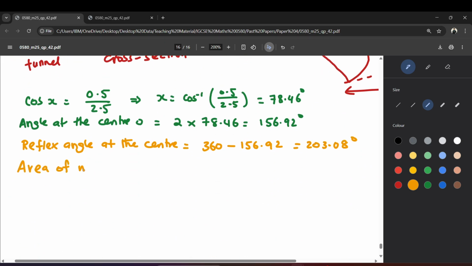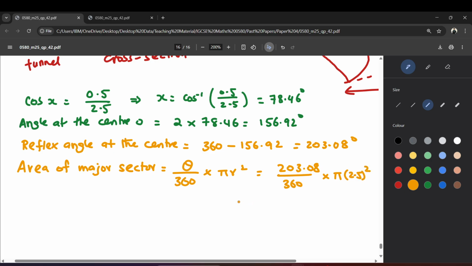Area of major sector equals, now the formula for finding the area is theta over 360 times pi r square. So this will be 203.08 divided by 360 into pi, r is 2.5 whole square.